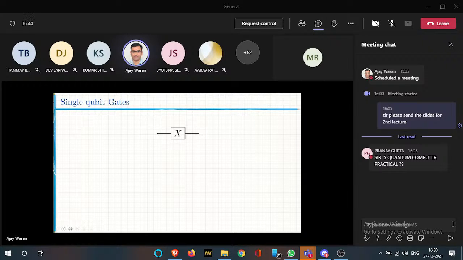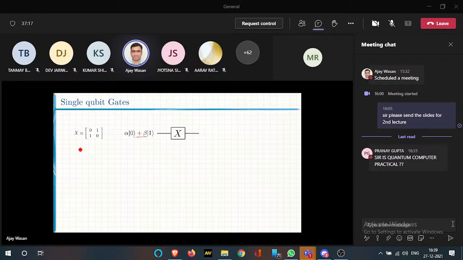So in quantum mechanics, some Pauli matrices come: X, Y, Z. In quantum computing, we call them X gate, Y gate, Z gate. If you have a Feynman book, you can search for Pauli matrices. So we have one gate, we call it the X gate. X is represented by this matrix 0, 1, 1, 0. If you apply it on alpha 0 plus beta 1, the X gate is going to operate on this.